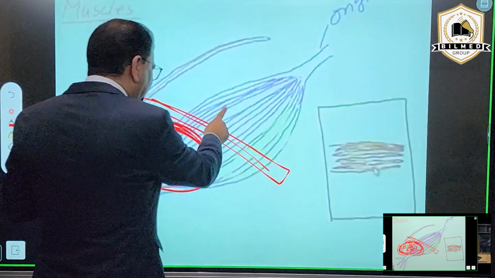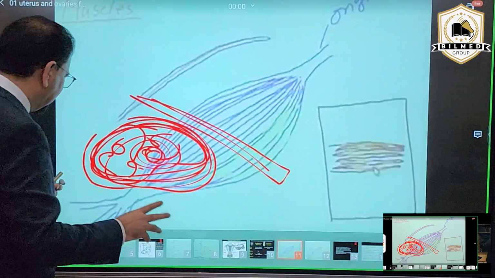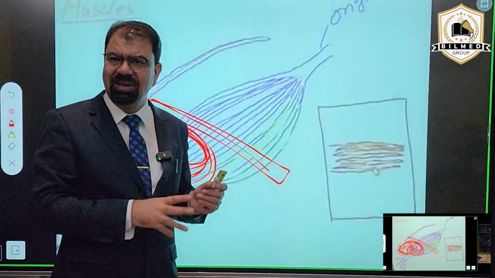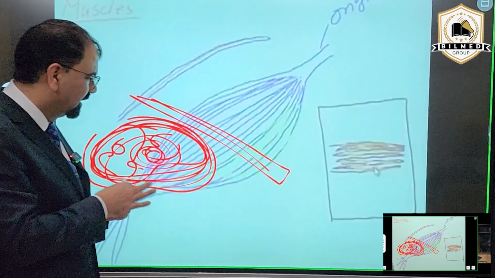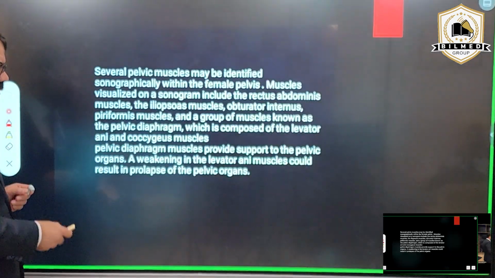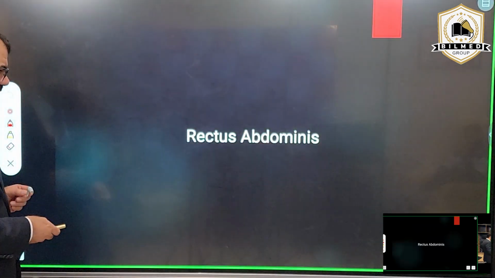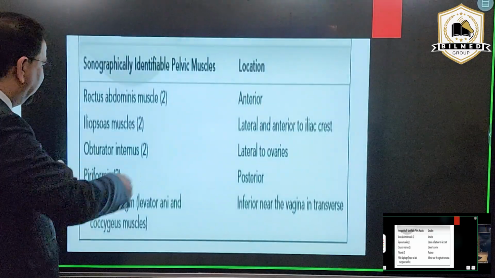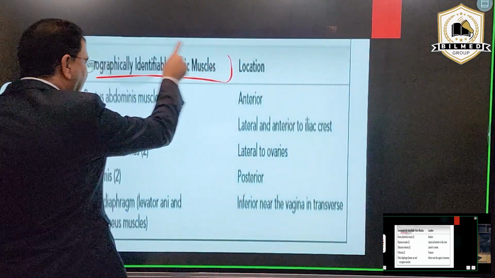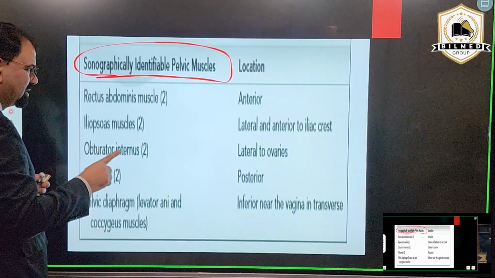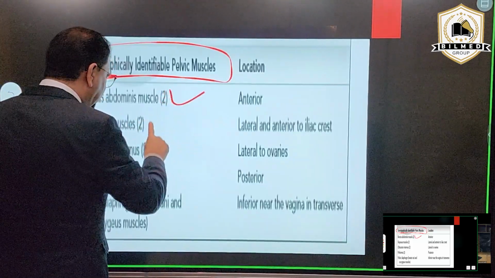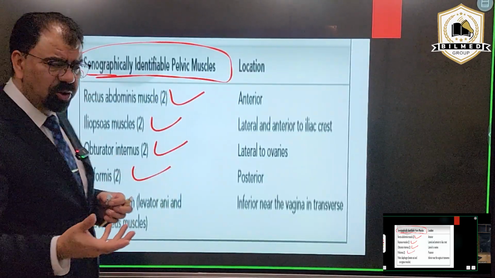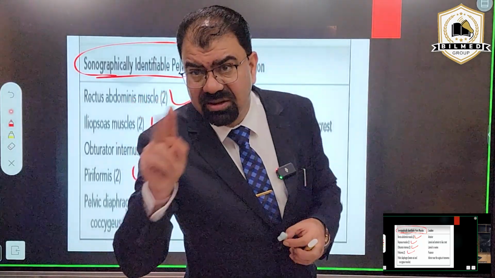So the basic important point is that this is again not a course over here. This is a CAB. I have a time limitation. What I want to tell you is that in the female pelvis I have muscles, and these muscles, you can read it yourself, are paired muscles.